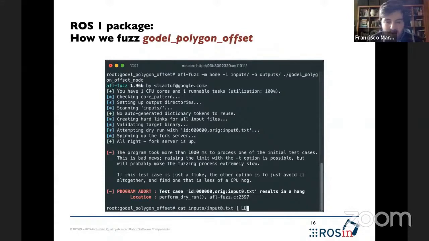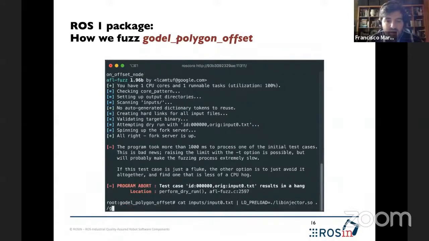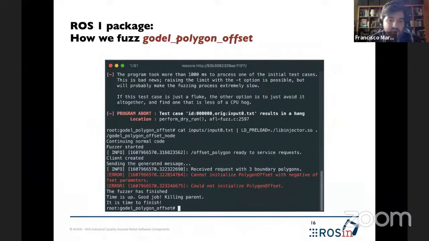Well, and why is it? If we try to manually inject the file into the node, the codal polygon offset, you are going to see some errors there. And you can see in the last lines of the execution that our fuzzer is actually showing some messages showing that the task didn't complete successfully.